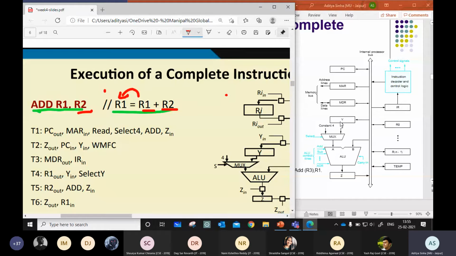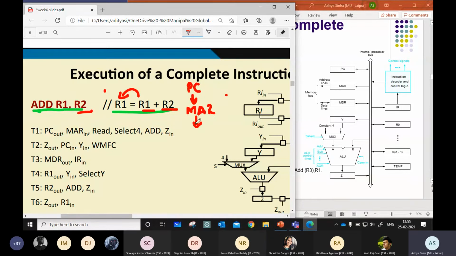On the left side you have temporary registers, various special purpose registers, you have mux, you have ALU and all those things. So data will flow according to that. In the first step, how is the instruction getting executed? Can anybody tell me? What is the procedure? PC has the address of the instruction, after that where does it go? MAR.